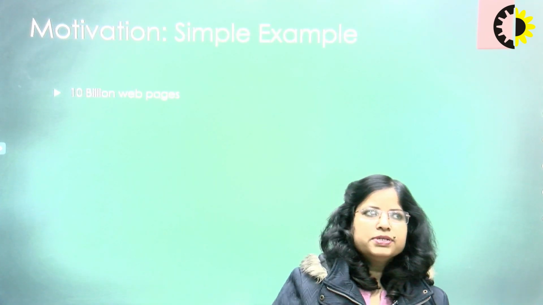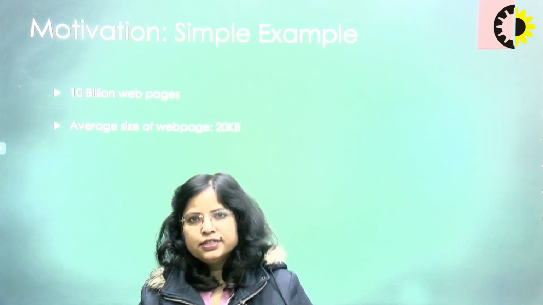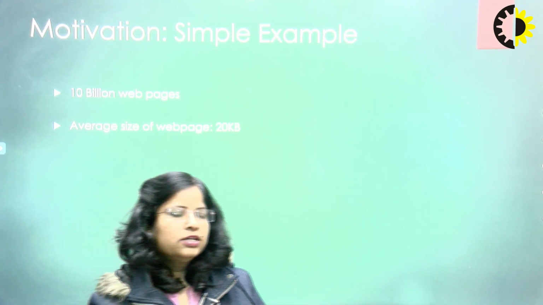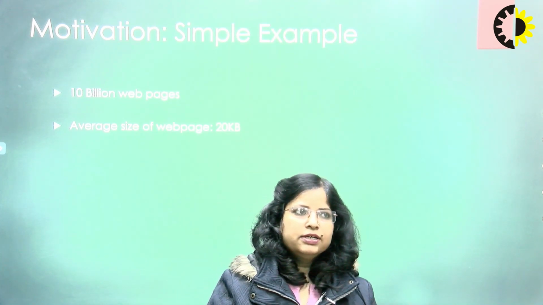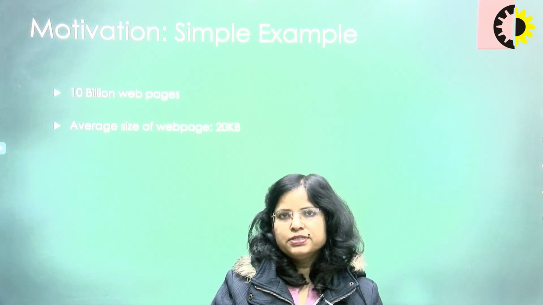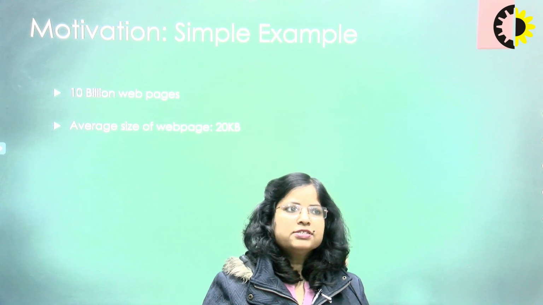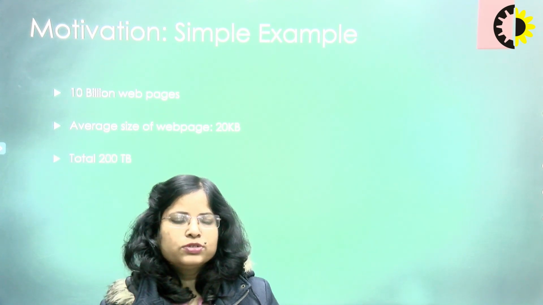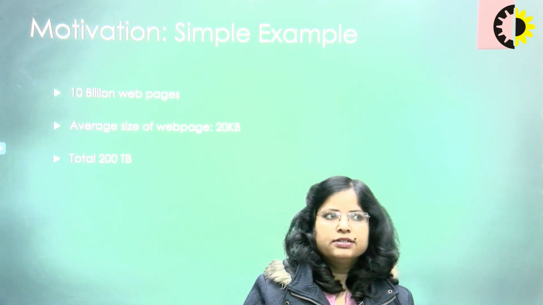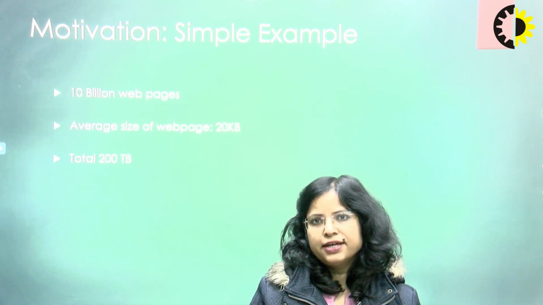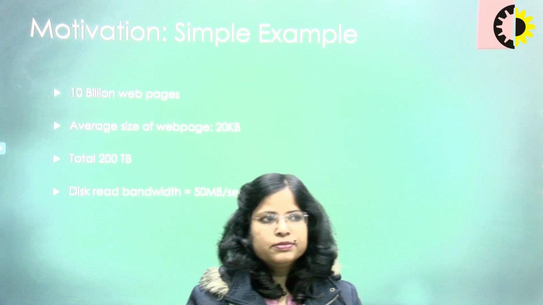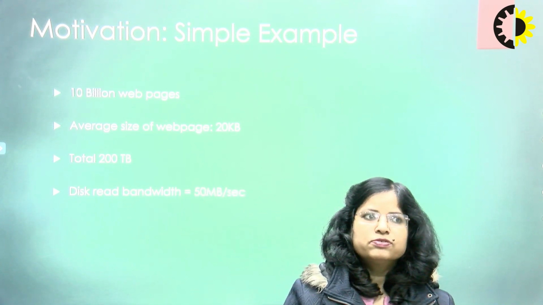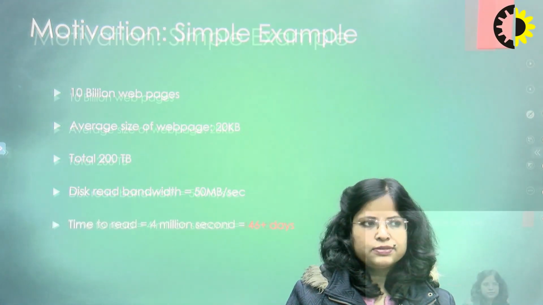Basically, if we talk about the internet used by the users in this world, there are almost 10 billion web pages, and the average size of a web page is 20 KB. If we calculate the total size of these web pages, it is almost 200 terabytes, and the disk read bandwidth required is almost 50 MB per second.